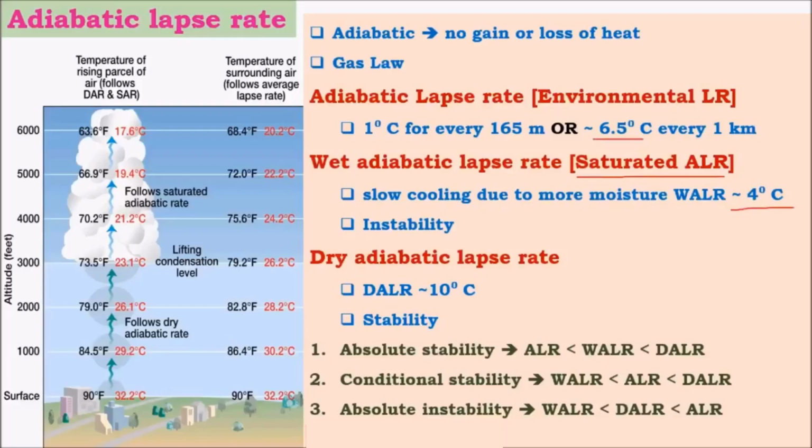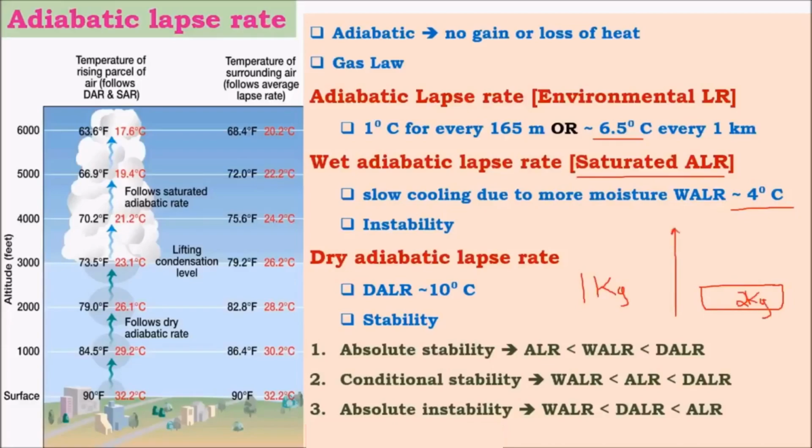Let us see why this happens. Let us consider a parcel of air which has water vapor content above normal. Let us consider that a parcel of air has 1 kg of water vapor during normal times, and let us consider a new parcel which has 2 kg of water vapor. When this is heated, what happens?